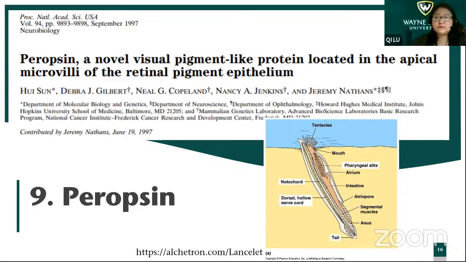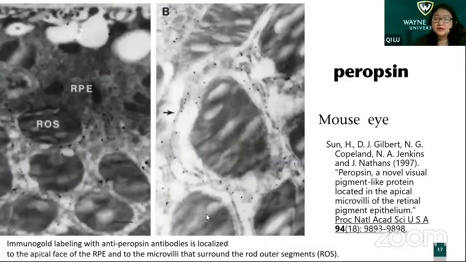So from this animal, scientists isolated a very unique opsin, the peropsin. Later, in the mouse eye, peropsin was also discovered, located in the retinal pigment epithelium cells, very close to the membrane of these epithelium cells.